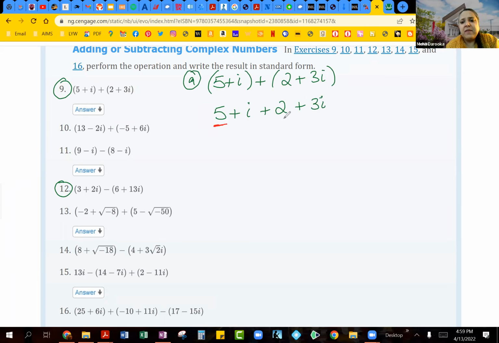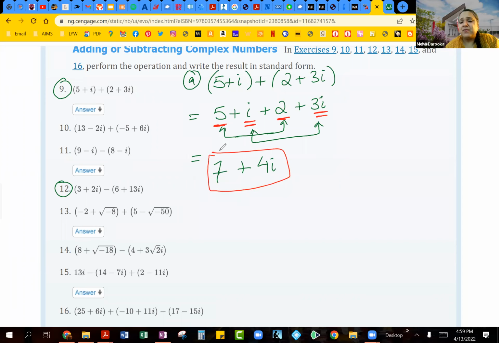So we will take 5 and add it with 2, and then we'll take the i terms and add them together. So 5 plus 2 will of course give us 7, and then 1i plus 3i will end up giving you 4i.